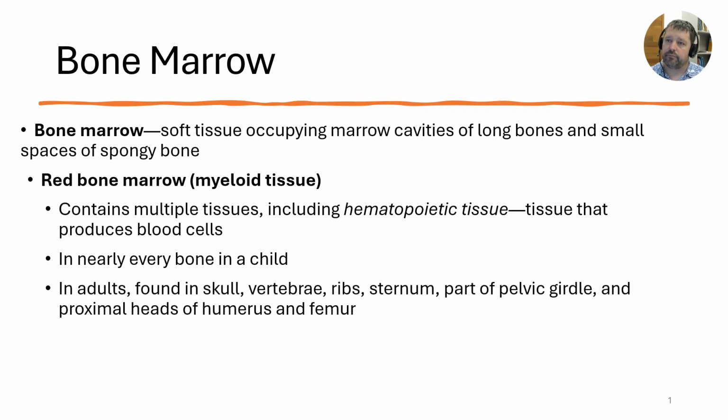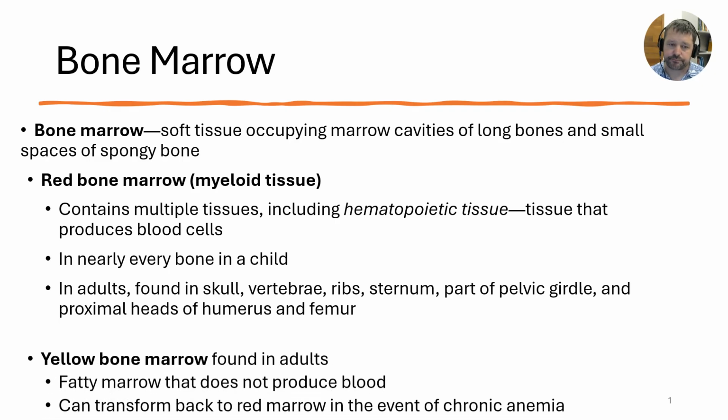Again, its purpose: generate red blood cells, erythrocytes, and generate white blood cells, although some white blood cells are generated in other regions also, leukocytes, lymphocytes, these kinds of things. We'll talk a lot more about red blood cells and white blood cells in later lectures.